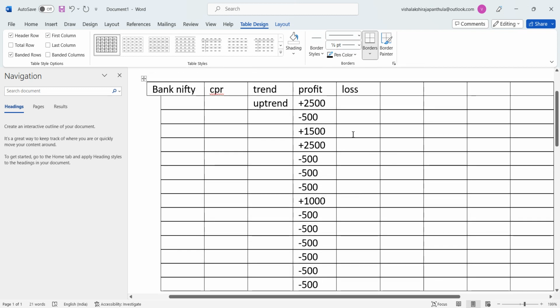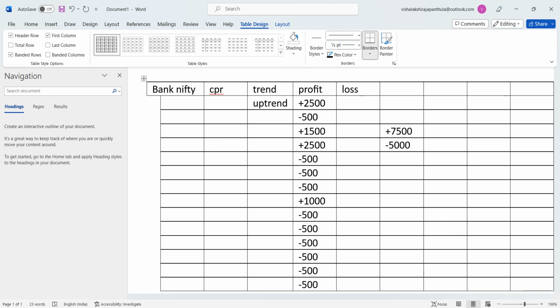We are plus with 7500. Remember, we are not feeling any stress by taking the trade because we have the right system. Now see 1, 2, 3, 4, 5, 6, 7, 8, 9, 10. That means minus 5000 rupees.